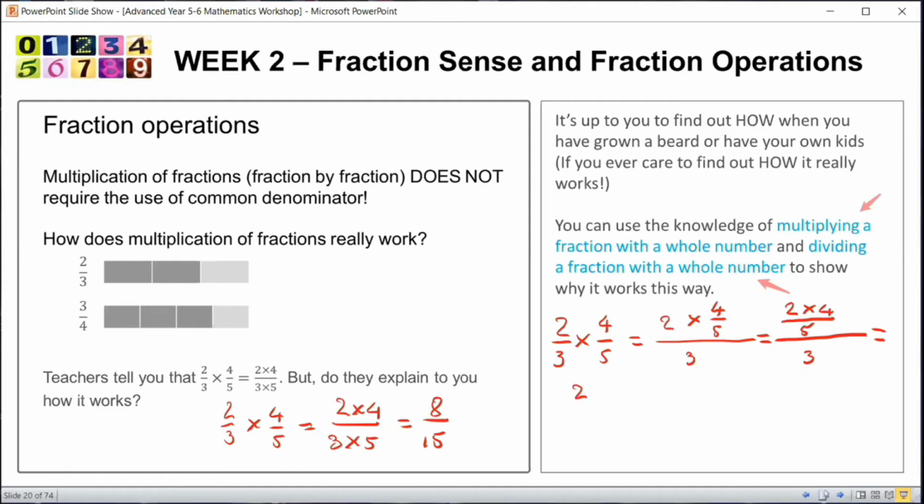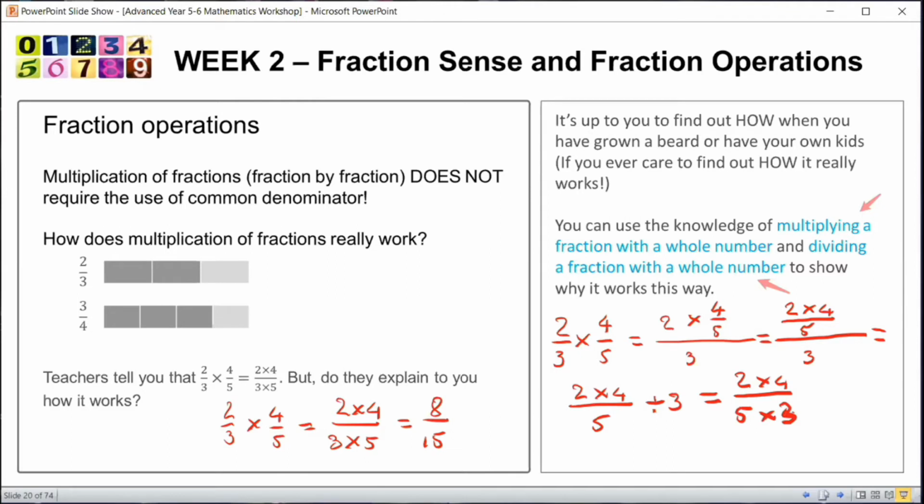I got 2 times 4 over 5. Now divide by 3. So that's what it becomes. So now, because it divides by a whole number, I time with the bottom. So I have 2 times 4 over 5 times 3. The 3 times with the bottom.